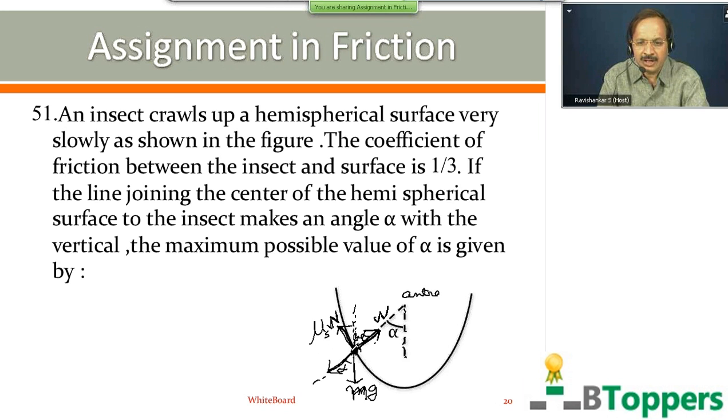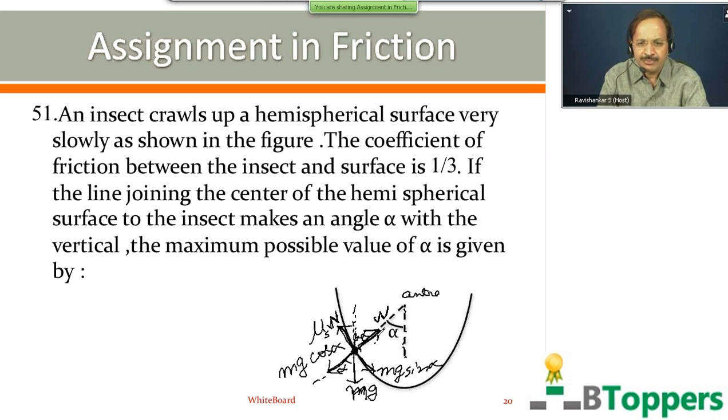The surface is not a smooth surface. There is friction between the surfaces. So the weight mg can be resolved into components here. mg cos alpha acts perpendicular to the surface. mg sin alpha acts tangential to the surface.